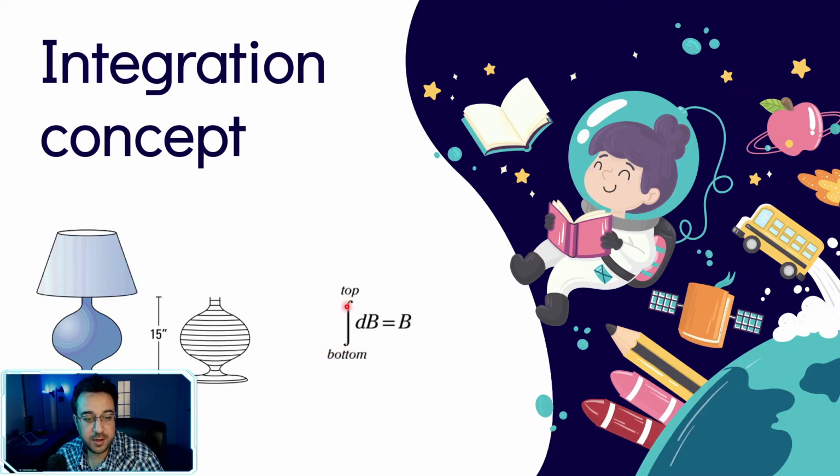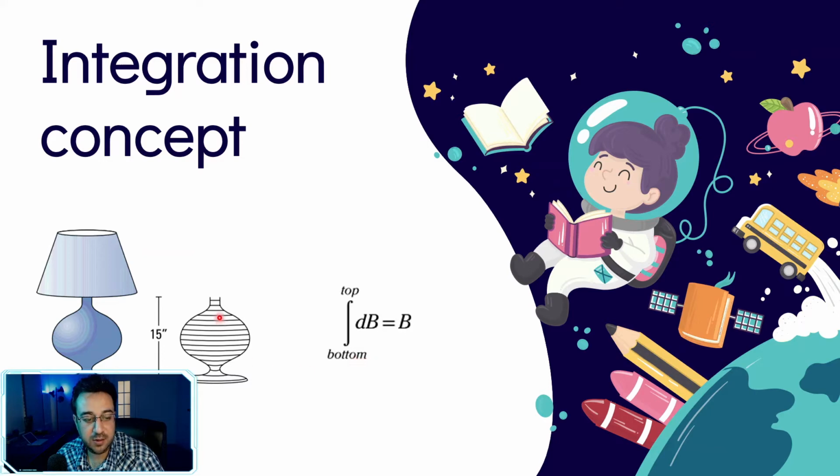When you have an integration that doesn't have borders at the top and the bottom, we call it indefinite integration, meaning integration that is generalized and doesn't have borders. But the more famous type of integration has a start and end point, or a top and a bottom point. In this case, we call it definite integration, or border-defined integration.